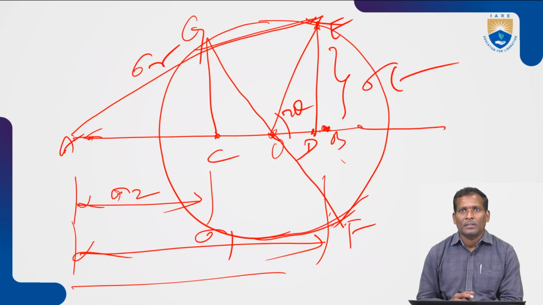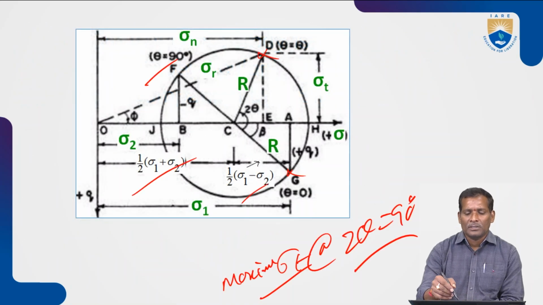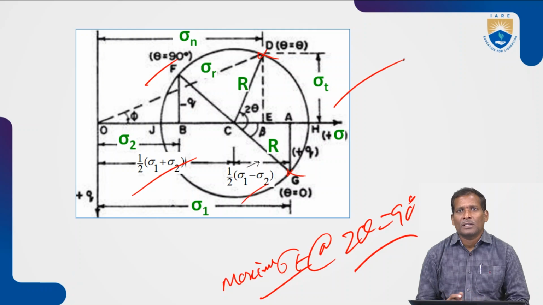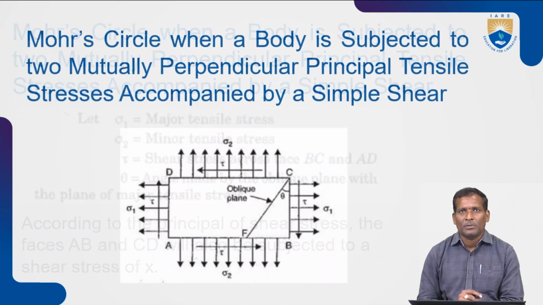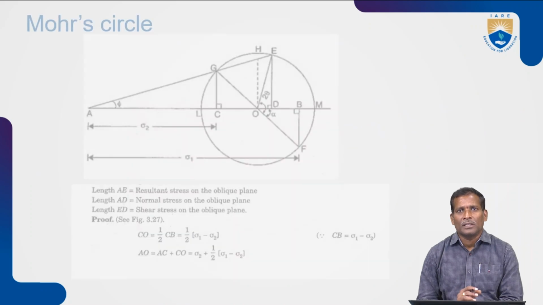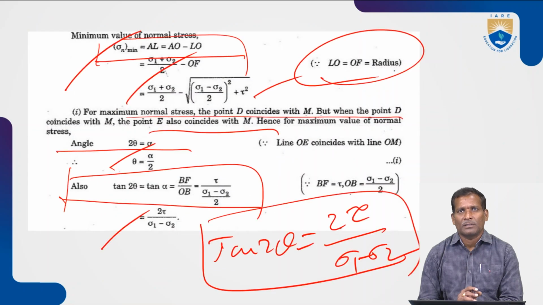Once again, see the Mohr circle: by seeing this circle, you can get all the parameters of this diagram. What is the radius, what is sigma n, and what is sigma t? That is the advantage of the Mohr circle. When a body is subjected to two mutually perpendicular principal planes, you can calculate very easily the maximum and minimum stresses, and the maximum shear stress.